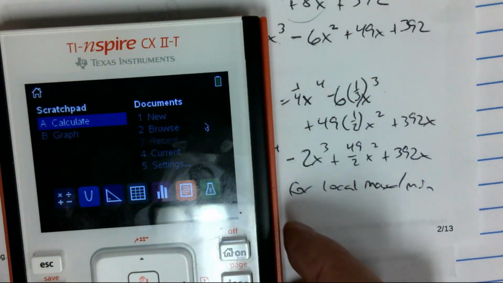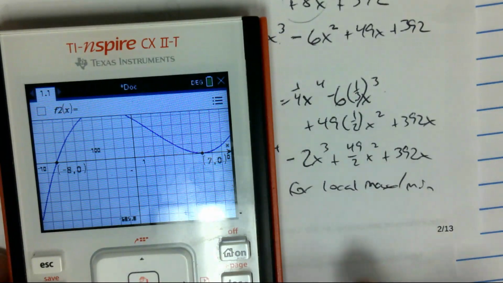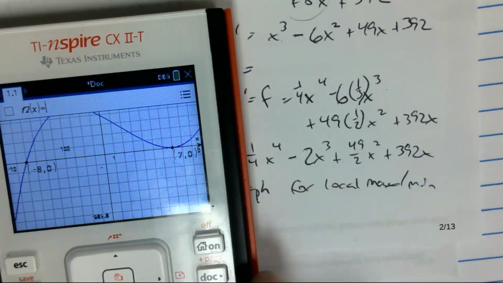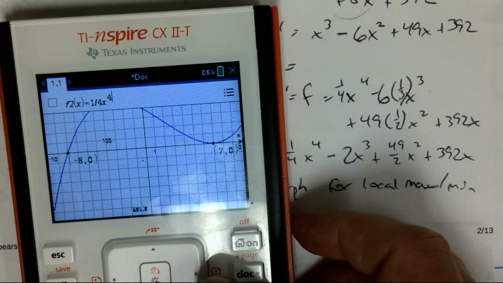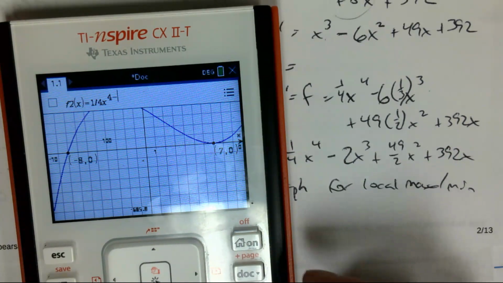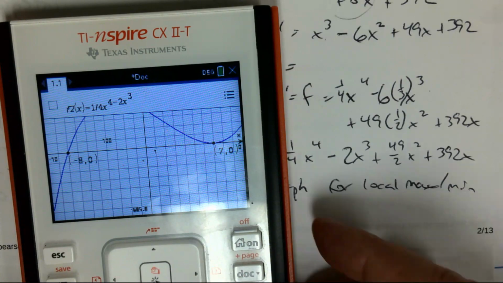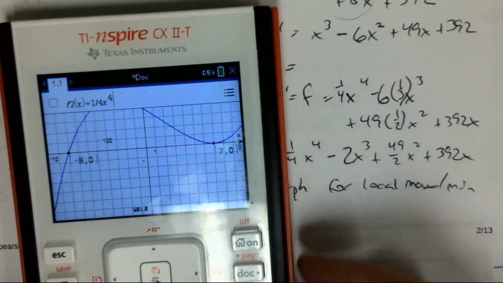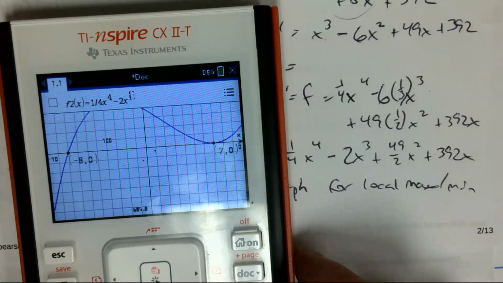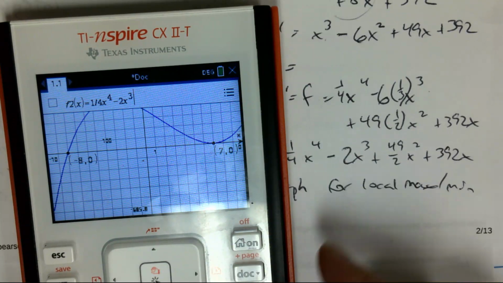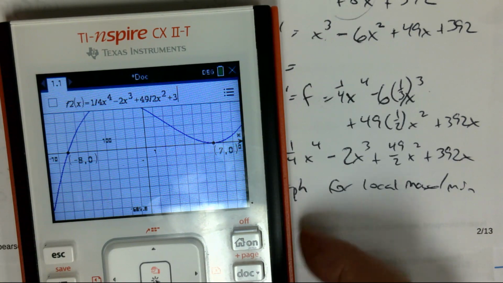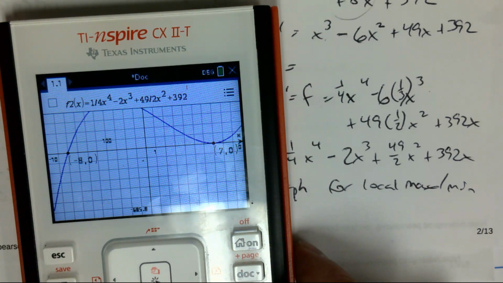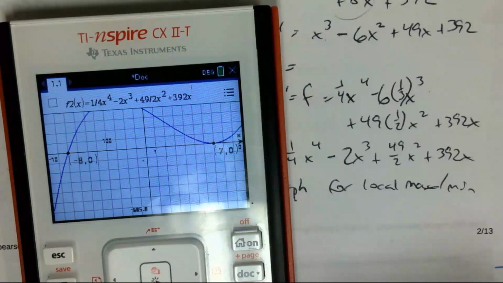So go back to the current document and say 1/4 x to the fourth minus 2x to the third plus 49 halves x squared and then plus 392x. Enter. Okay, so there we graph it.